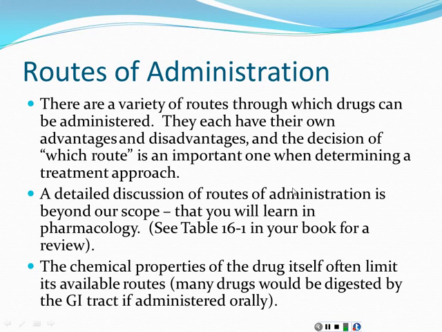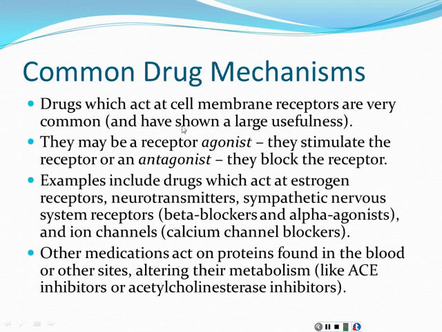I know you cover routes of administration in some of your other classes, so we're not going to get into too much detail about that, but there is a table in your book that's all about administration and the upsides and downsides to each one. All right. So we've got the drug into the patient. We've got it at a therapeutic level. What are some of the ways that these medications actually do their thing?